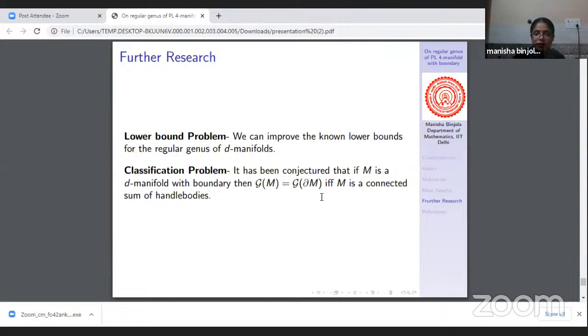It is a conjecture that this is true if and only if M is a connected sum of handlebodies. Okay? And in dimension 4, this result has been proved, and we can do it for higher dimensions. And there are some standard problems, like whether this property is conserved under the connected sum. And the most important open problem is the smooth Poincare conjecture, if we can solve it using this theory. So these are some problems which one can go for.